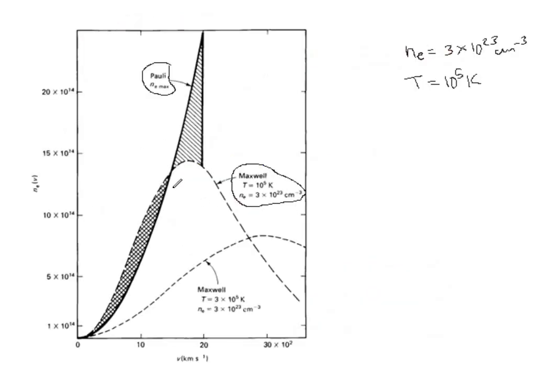However, if I increase the density but the temperature remains the same, from the Maxwell distribution you will find some electrons on this part. So for twice the density, the Maxwell distribution gives us more electrons per centimeter cube with a given velocity, these ones here, than are permitted by Pauli's principle.